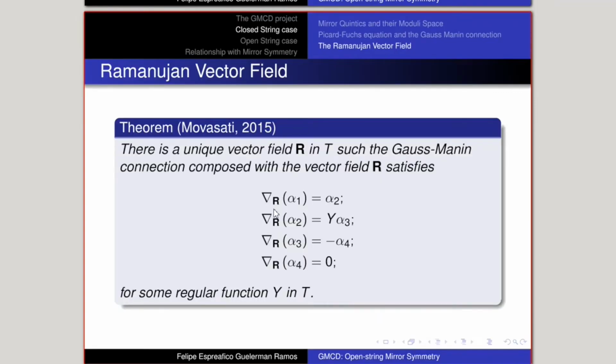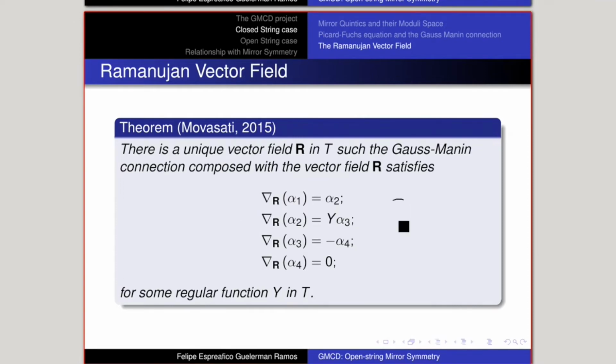So the theorem which was proved is similar to the one I explained for elliptic curves. There is a unique vector field in our space T for which the Gauss-Manin connection is of a specific form.